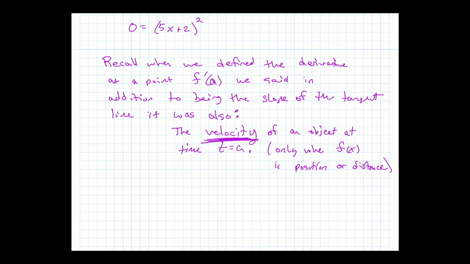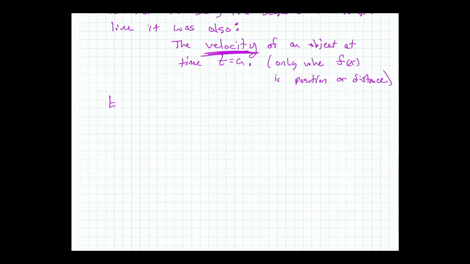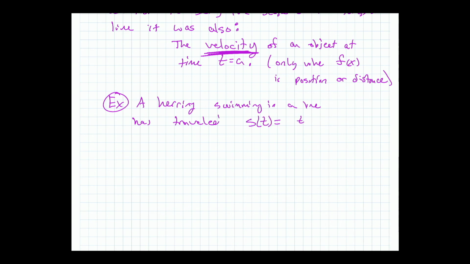All right, so you have to know that because they just throw it at you here, and they say a herring, that's a fish, swimming in a line has traveled s of t equals t squared over t squared plus 2 feet in t seconds.